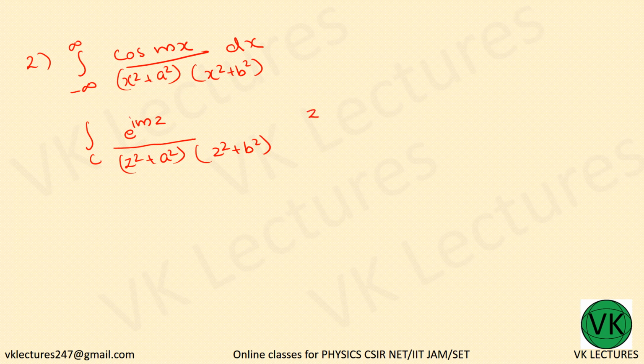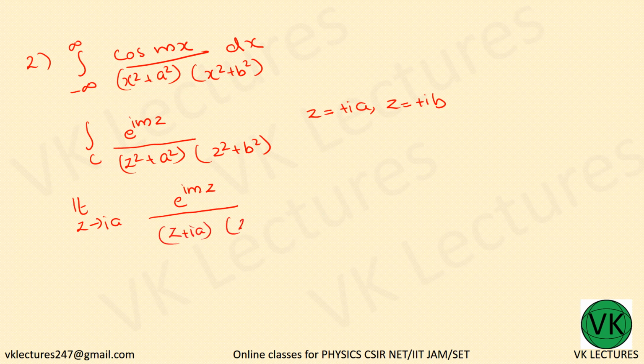So here z is equal to plus or minus ia and z is equal to plus or minus ib. So if you are taking limit z tends to ia, e raised to imz divided by z plus ia into z square plus b square, that is equal to e raised to minus ma divided by 2ia into b square minus a square.